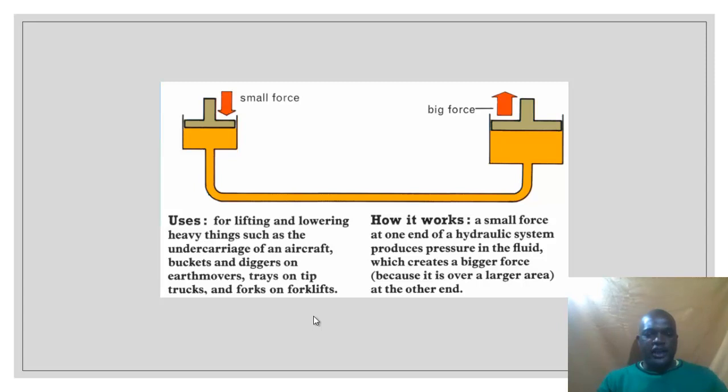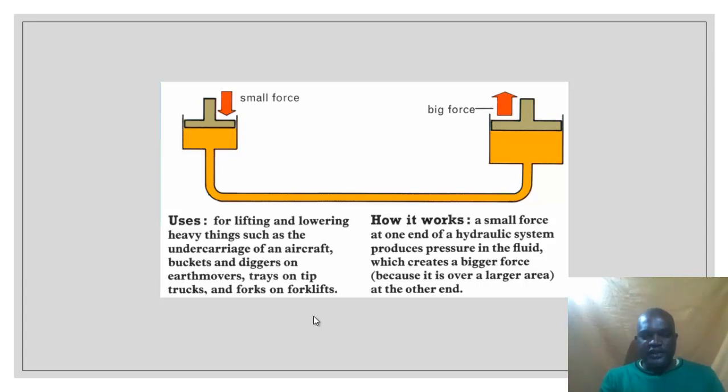We've got carriages for an aircraft, buckets and diggers on earth movers. Remember those things that go into the ground and then they grab the what? They grab the soil. They are making use of what? Of hydraulic systems. They tip into the trucks.